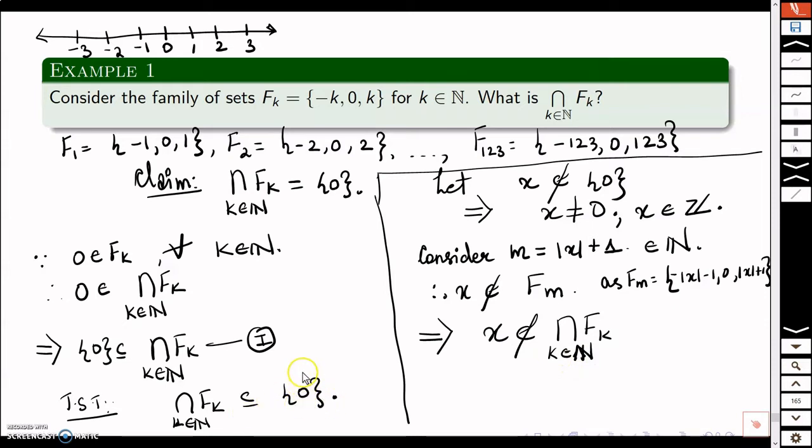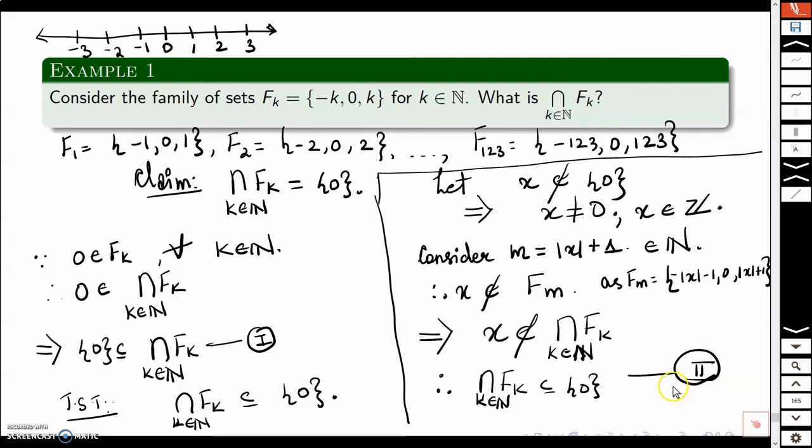So if I take a point which is not there in singleton 0 set here, then that point cannot come in the intersection of all the f_k's. So by the concept of contrapositives, we can say that the intersection of all the f_k's where k is varying over the set of natural numbers is a subset of singleton 0, and I call this expression number 2.